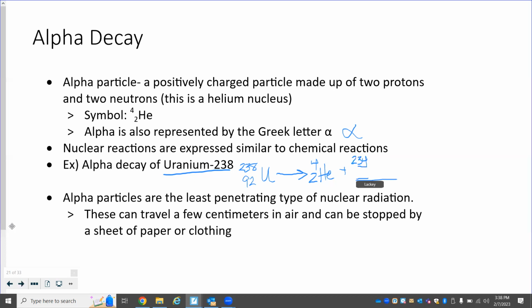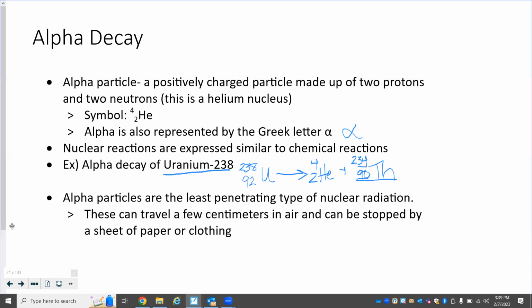We're looking at what plus 2 gives us 92. So this atomic number has to be 90. And if we look, element 90 is thorium, which is Th. So we're trying to fill in the mass number, atomic number, and symbol for what the new atom would be in its new identity.